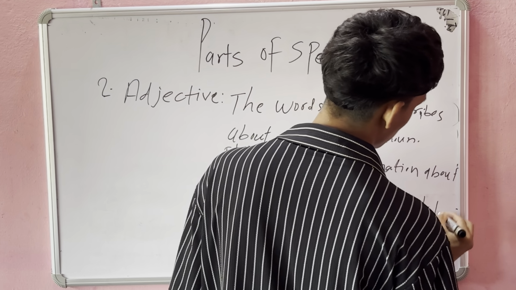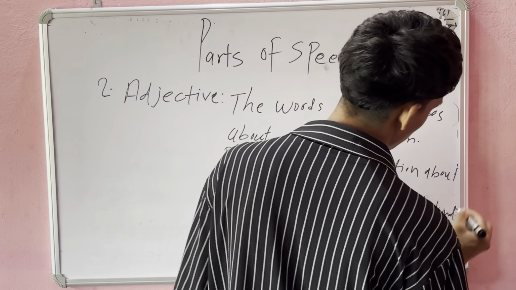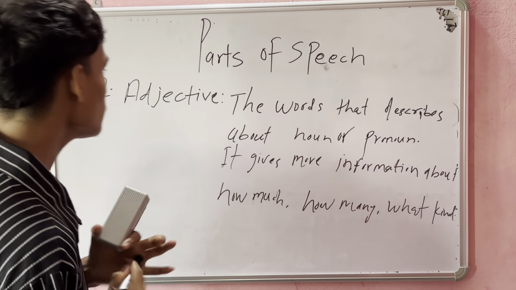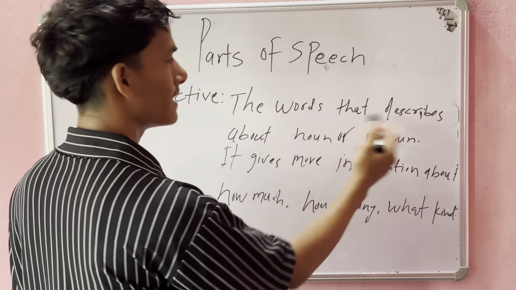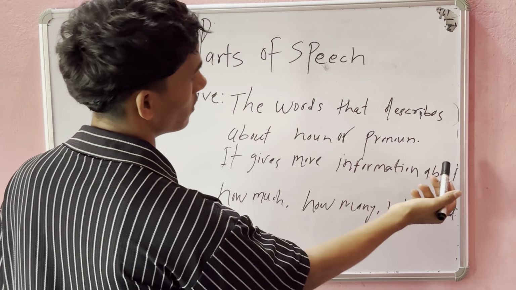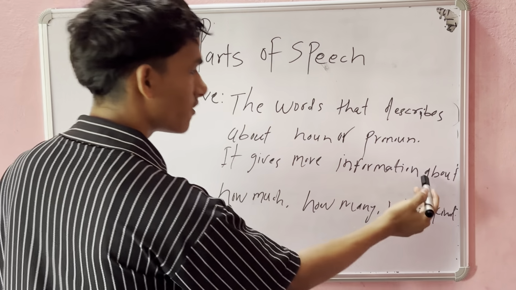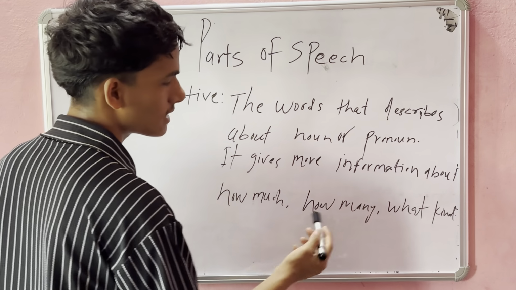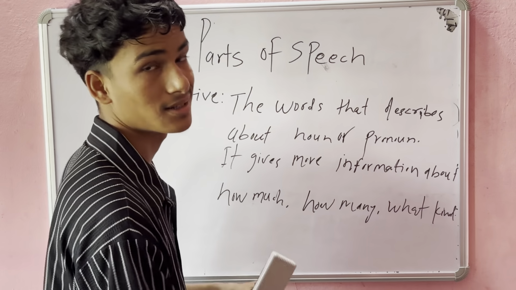Well, an adjective is a word that describes a noun or pronoun, and it gives more information about how much, how many, what kind in the sentence.